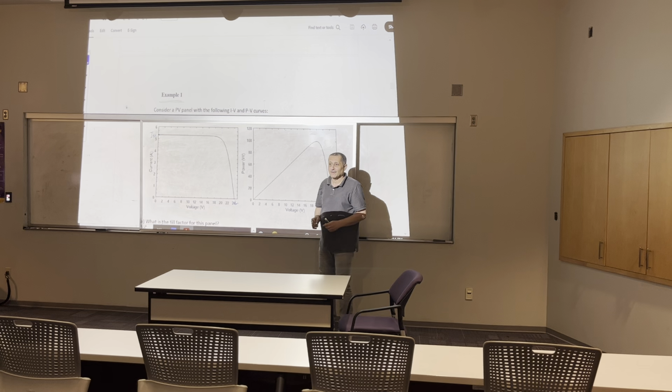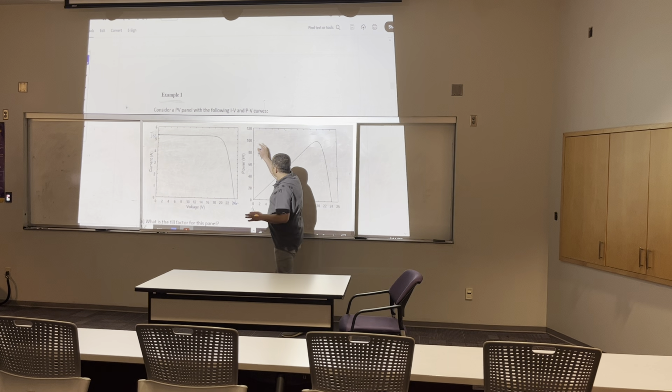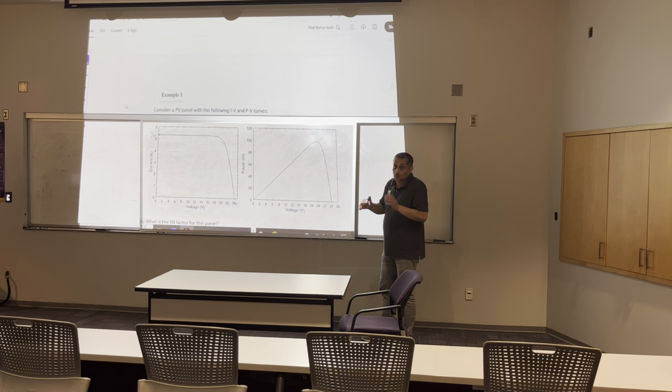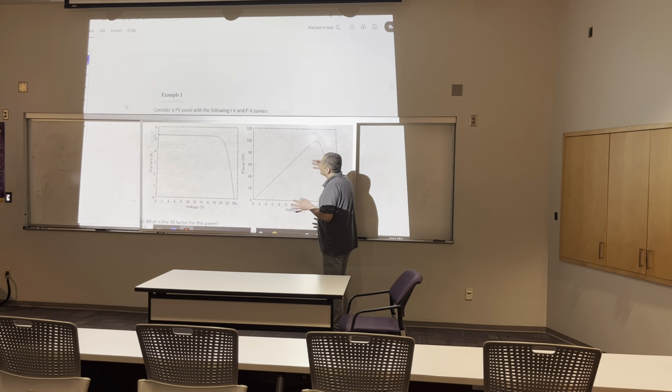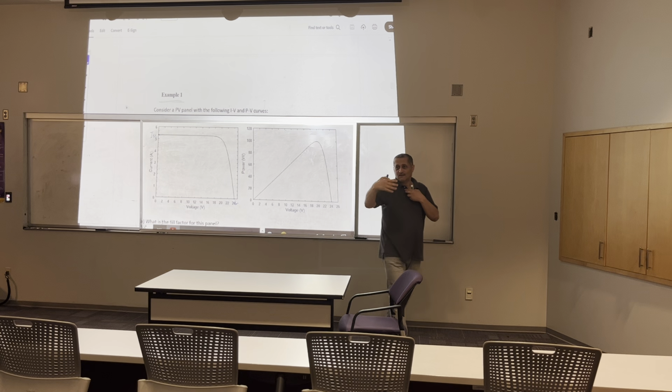Now, this curve is the relation between P and V. We want to know the max power for the solar cell. We need just this curve. But sometimes we need to calculate other factors.